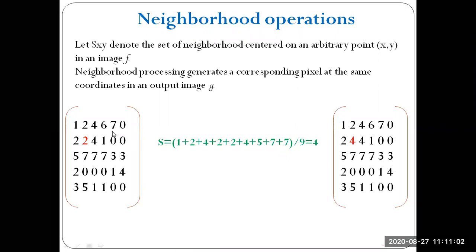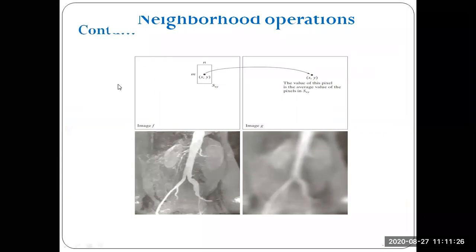What is the next mask? 670, 100, 733. Similarly, 577, 200, 351. Similarly, 733, 014, 100. Depending on your requirement, you shift the mask, and correspondingly the intensity value of the center pixel is also changed. Okay, so here simply my mask. I'm taking one practical example.